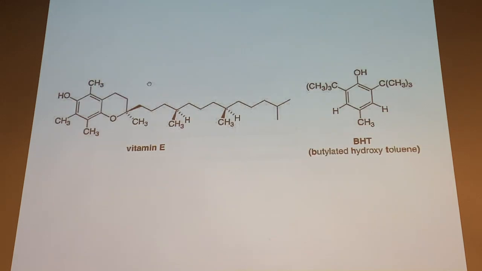Vitamin E, the naturally occurring vitamin that we get from our food. It's a phenol here, this OH group here. This hydrogen atom here can be a donor to that carbon radical and stop that chain process. Or we can add to food BHT, butylated hydroxytoluene, which also has this phenol OH.